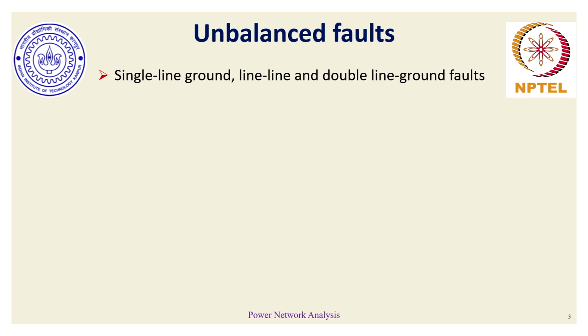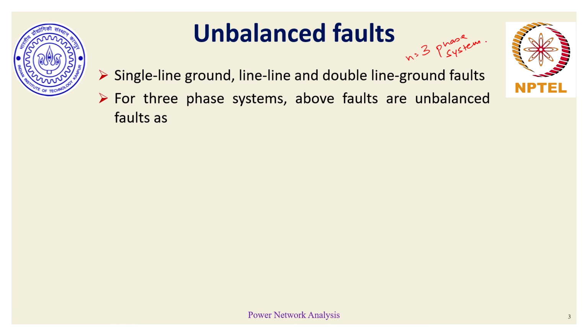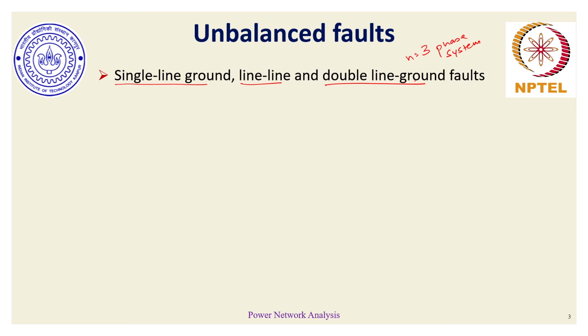So asymmetric faults or unbalanced faults are all faults except the three-phase fault. For an n equal to three-phase power network, the unbalanced faults can pertain to single line to ground fault, line to line fault, or double line to ground fault. So just to give you an idea, what do I mean by single line to ground fault?